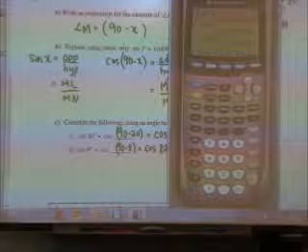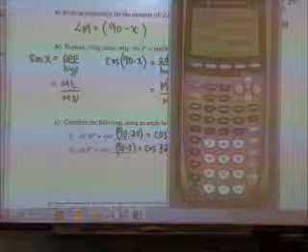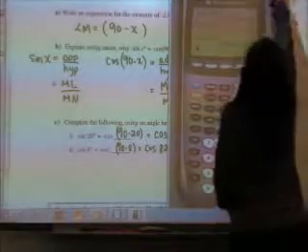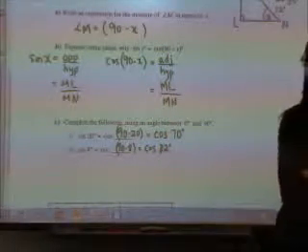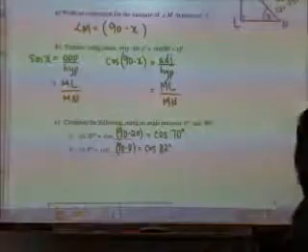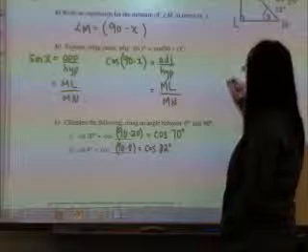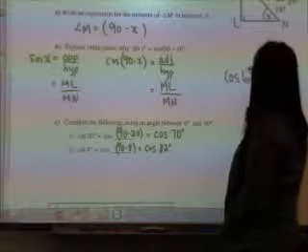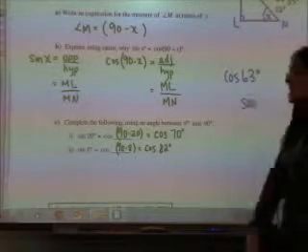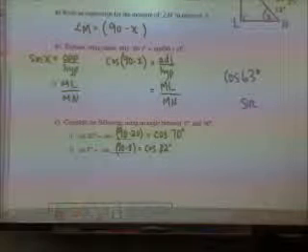So if perhaps on a quiz I said that the cos button was broken on my calculator and all I could use was the sine and I wanted to find the cos of a 63-degree angle and all I could use was sine, what would I have to type in? Sine what?